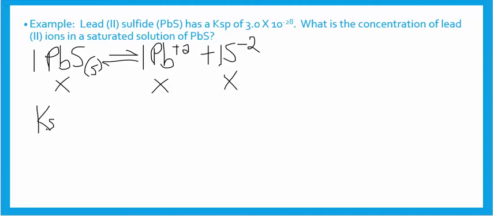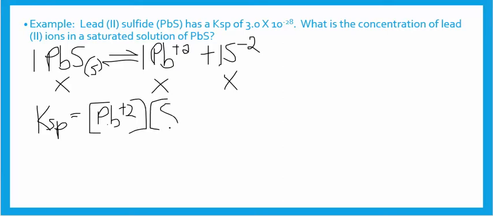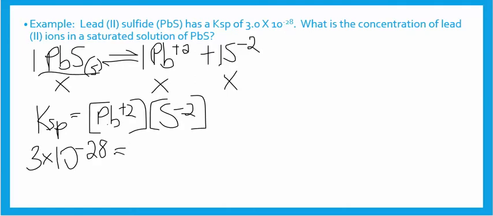All right, my Ksp expression. Ksp is equal to lead times sulfide, and we leave out the solid because the concentration of a solid does not change. We know the value for Ksp, 3 times 10 to the negative 28th. Lead, we have a value of x. Sulfide is x.